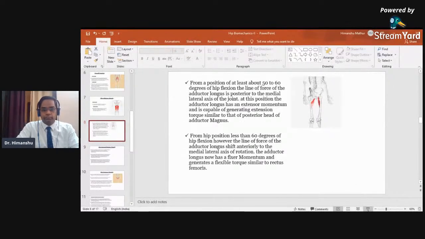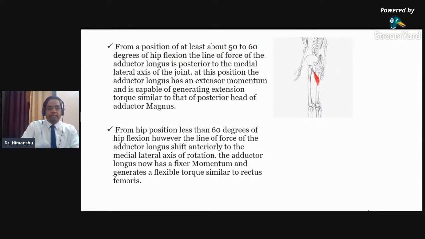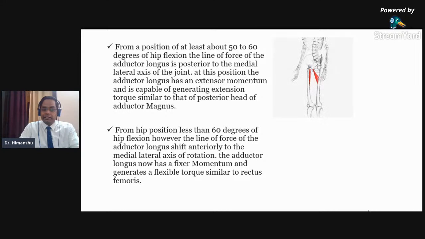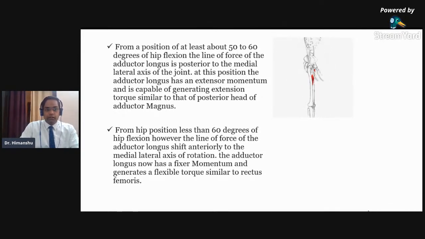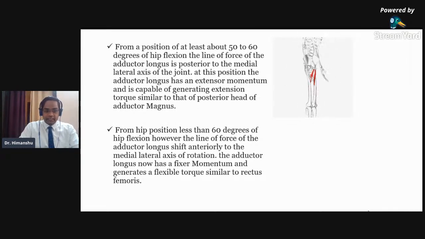So I was talking about the hip adductor muscles. From a hip position of less than 60 degrees of hip flexion, however, the line of force of the adductor longus shifts anteriorly to the mediolateral axis. So if you have a flexion of nearly 50 to 60 degrees, the line of the adductor longus is posterior to the mediolateral axis, and if it is less than 60 degrees, the line of force of the adductor longus shifts anteriorly to the mediolateral axis of rotation.